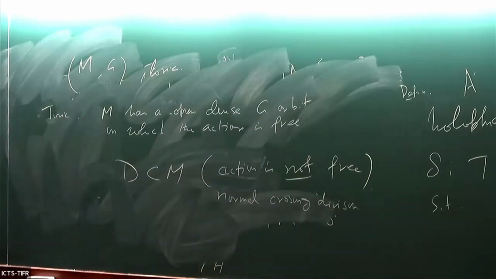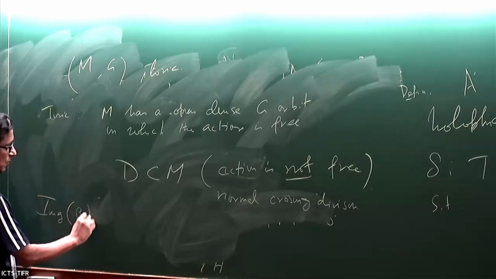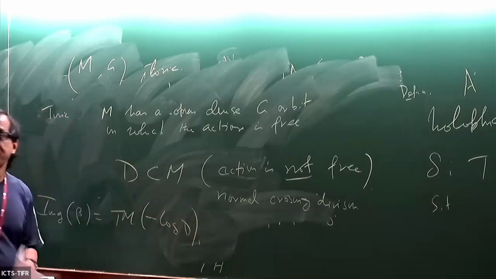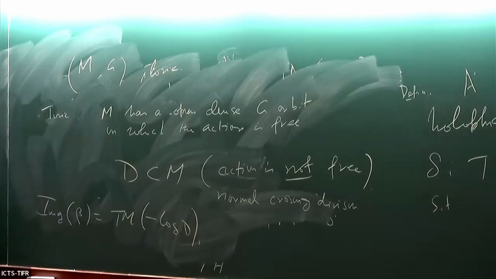In that case, the image of beta is T M minus log. So if you compare with the construction of the Atiyah exact sequence, the logarithmic Atiyah exact sequence, and then what we constructed, this is becoming the logarithmic tangent bundle.